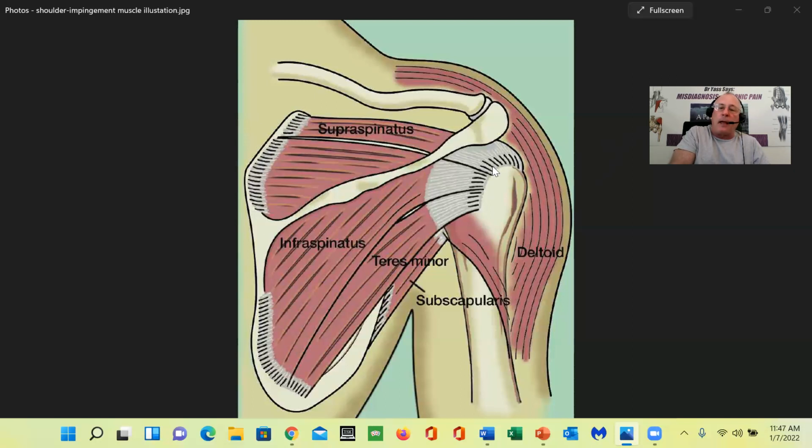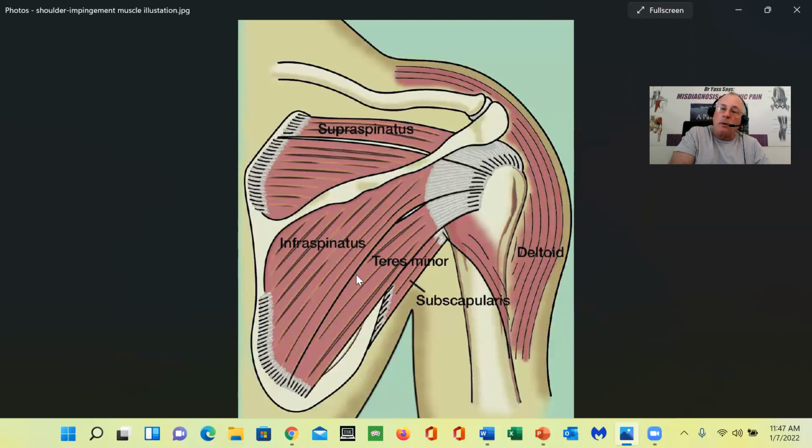Some other muscle that's attached to the head of the arm bone must pull down this way. So if this gets pulled down while this is going out, that stops the head of the arm bone from going up and impinging, which is why this aspect of the rotator cuff is known as a humeral head depressor. Humeral head depressor. So this pulls down.